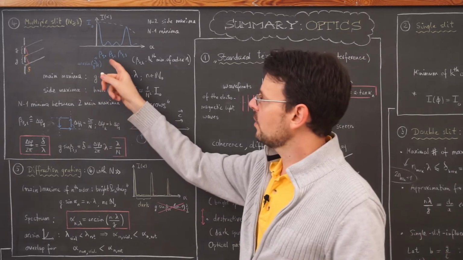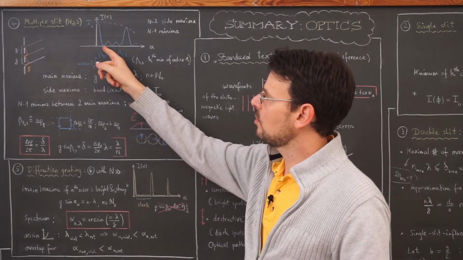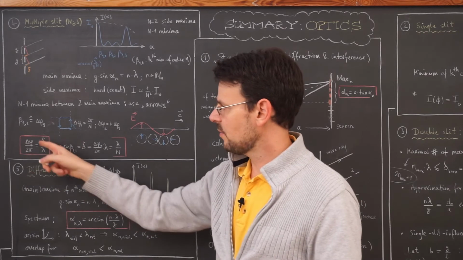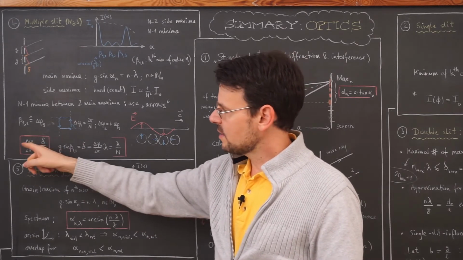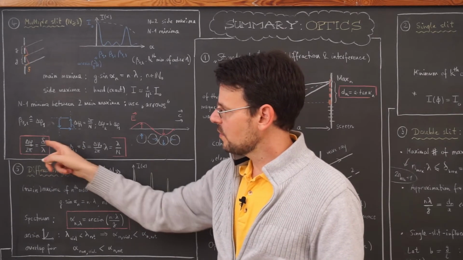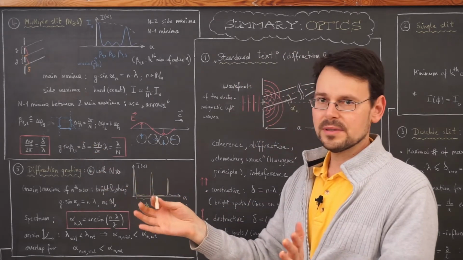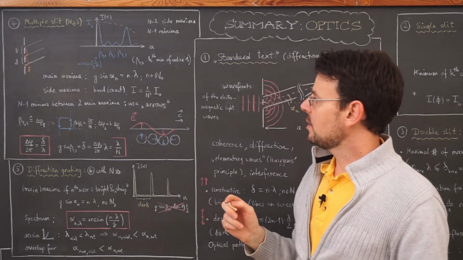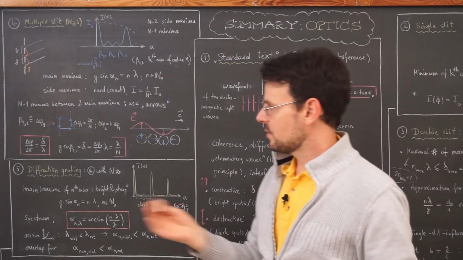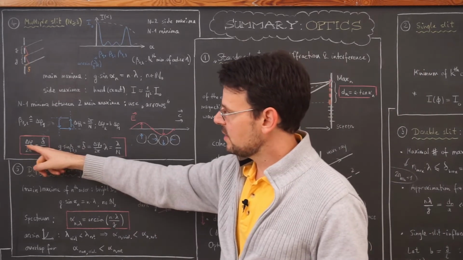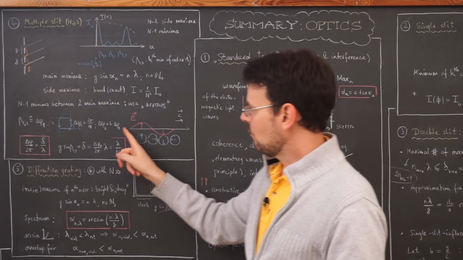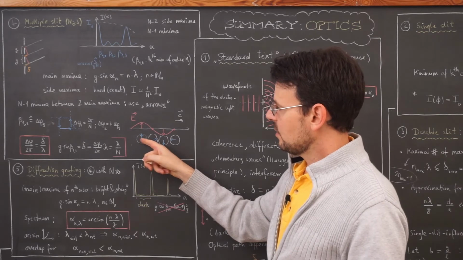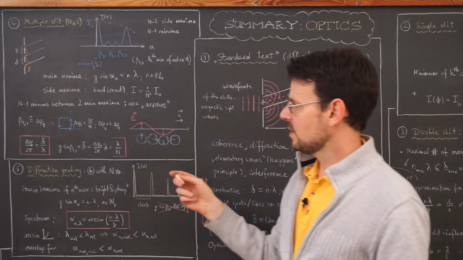And then usually you're not asked at which angle is the minimum, but where on the screen is the minimum. And then there's this formula which translates the phase difference of the arrows into an actual path difference. And this you can use to calculate where on the screen the minimum is. This is very easy to understand because in one wavelength, the arrow rotates 360 degrees or 2 pi radian.